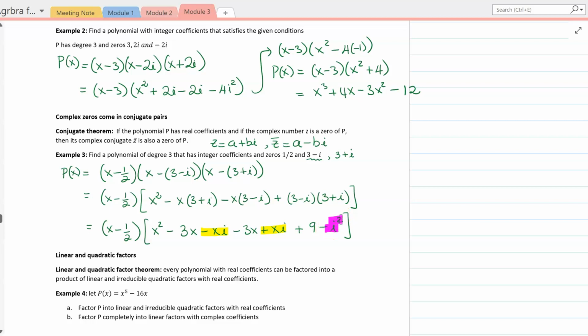Negative i squared is positive 1. So this makes 9 plus 1, 10 here. So then p of x now becomes x plus a half times x squared minus 6x plus 10.